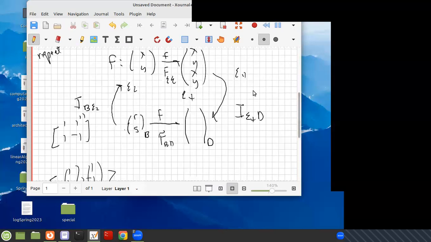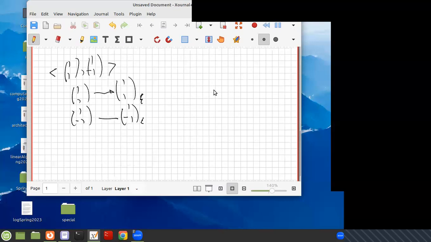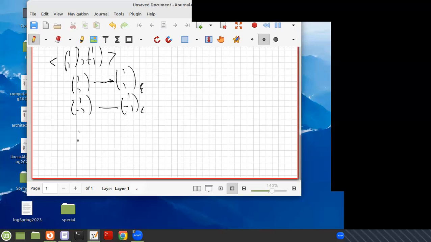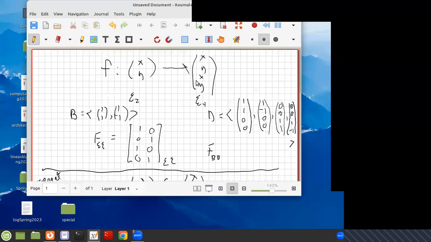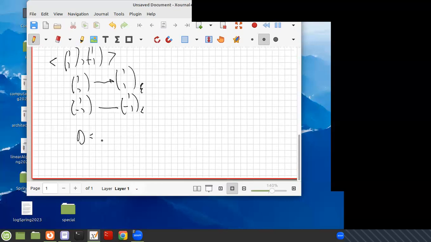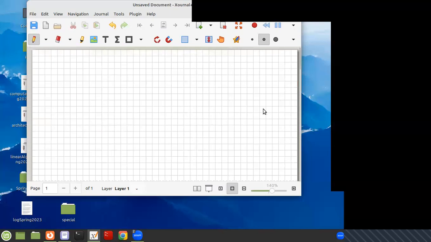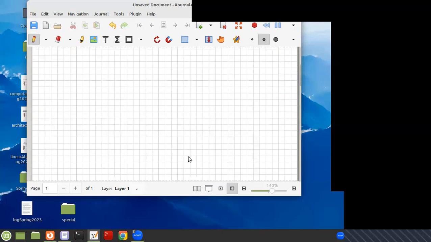We need to look at the identity matrix for the standard basis in terms of D. So what was D? D was 1, 1, 0, 0, 1, minus 1, 0, 0, then 0, 0, 1, 1, 0, 0, 1, minus 1. And so we want to know, let me see, oh, I did the wrong one.